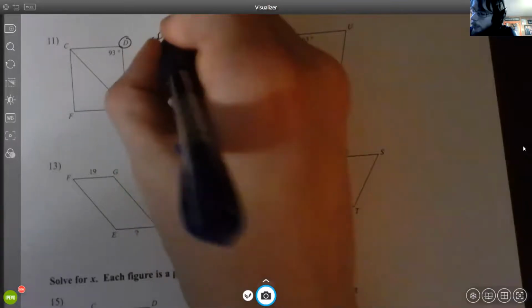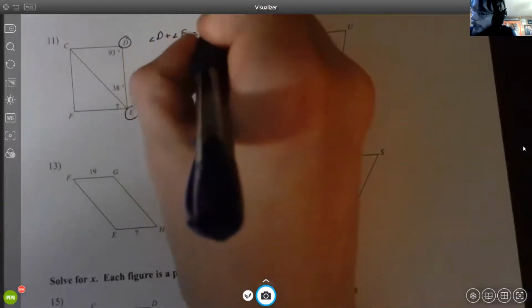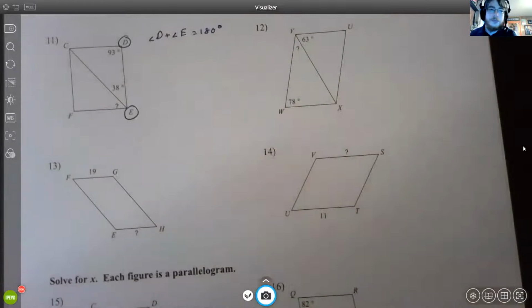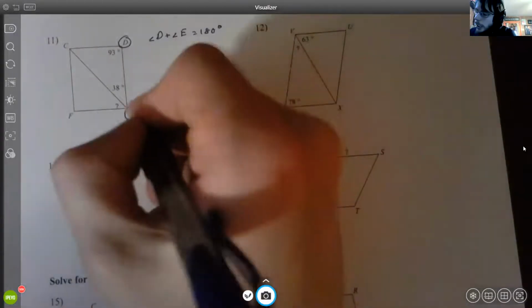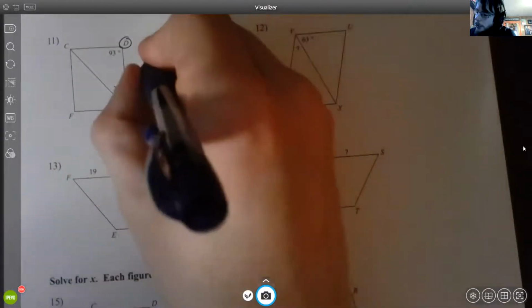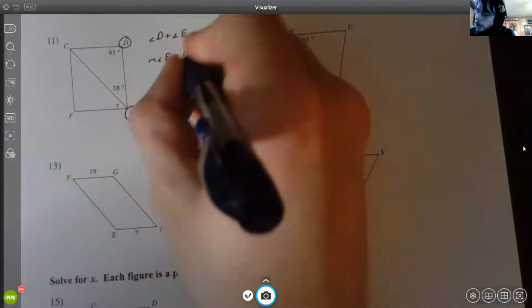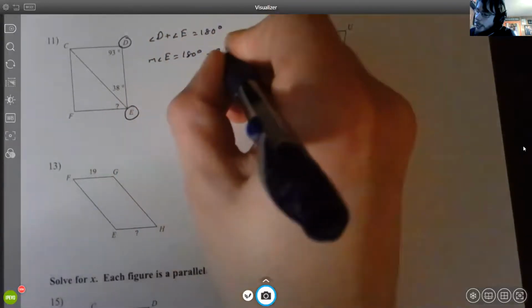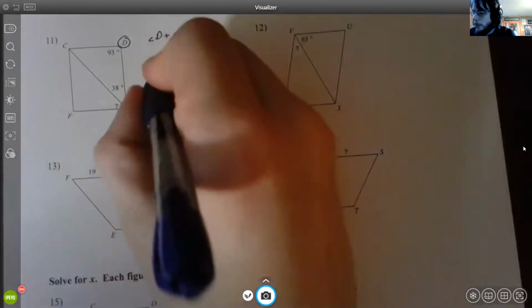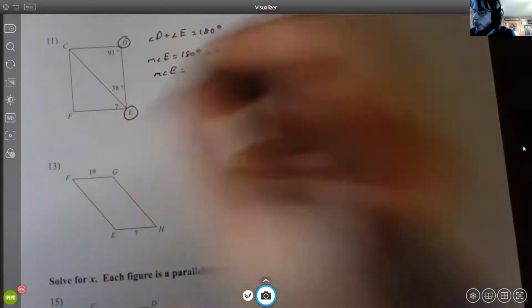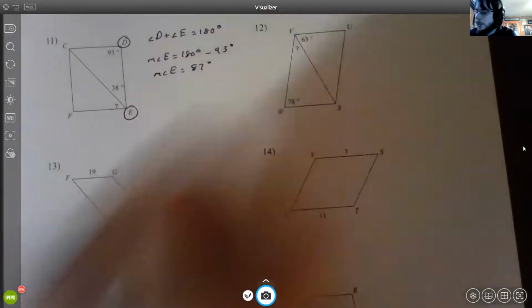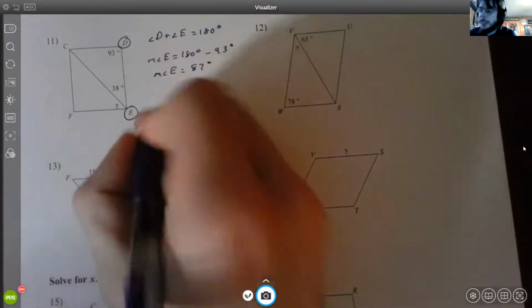So angle D plus angle E must equal 180 degrees, their measures. So I know angle D to be 93, so the measure of angle E must be equal to 180 minus 93. So the measure of angle E is equal to 87 degrees. So I know E is 87 degrees.